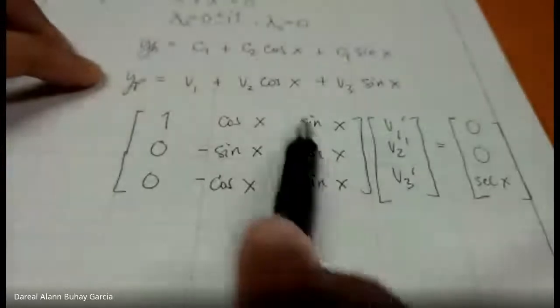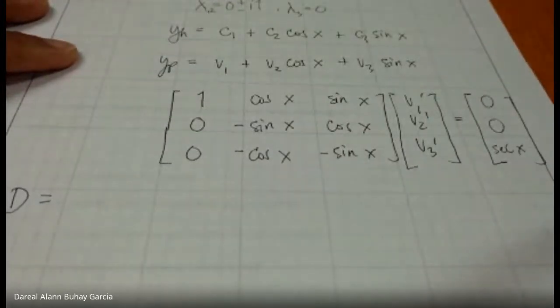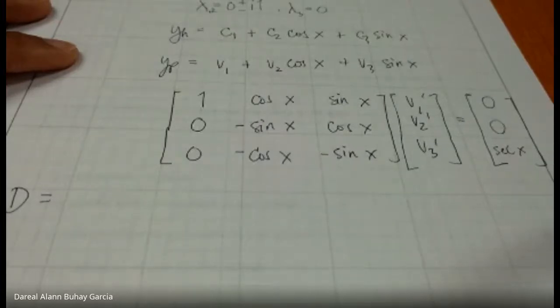We have the determinant of the coefficients, the determinant of v1 prime, the determinant of v2 prime, and the determinant of v3 prime. So first is pakita sa atong determinants coefficients. I hope nakadumdum pa mo sa atong pag-solve sa determinant sa 3x3 matrix.